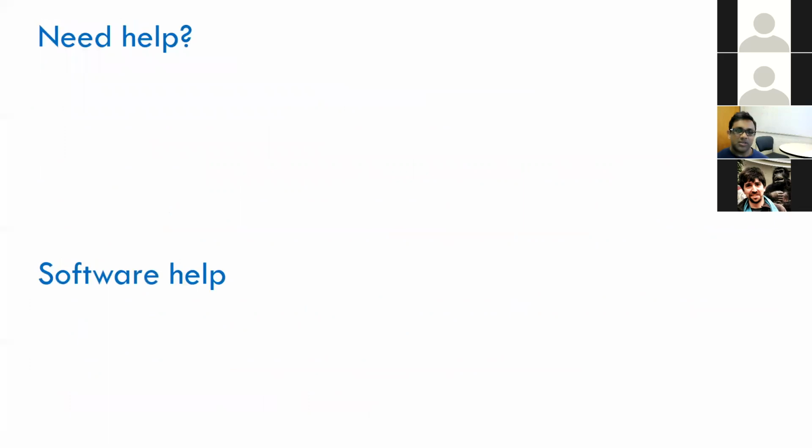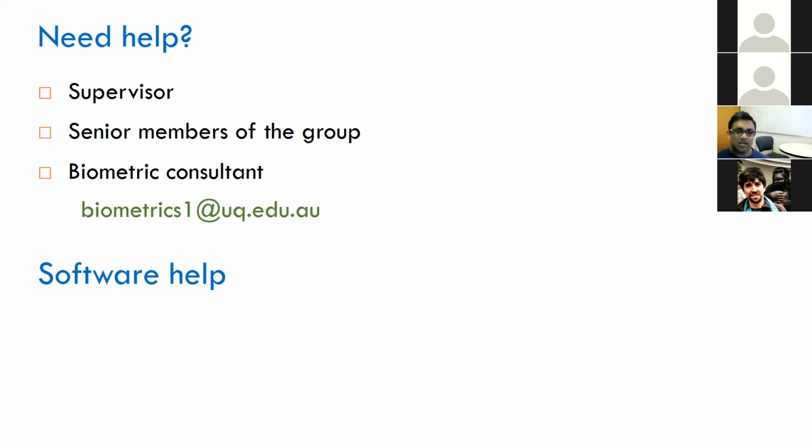Again, the most important thing is you need help. You definitely need help, right? Starting from your supervisor and then the senior members of your group. So the supervisor helps you with your experiment and all the other stuff, and senior members give you their experience with the designing and everything.